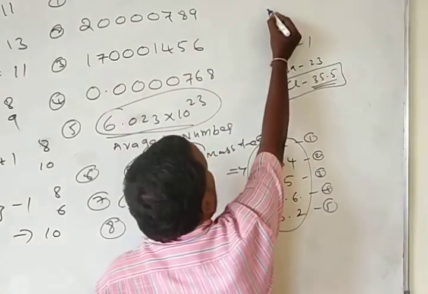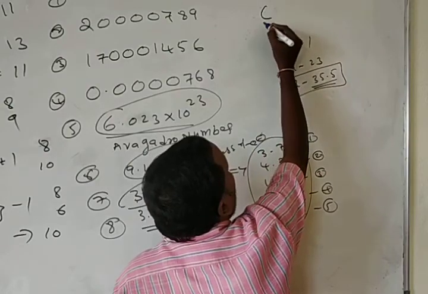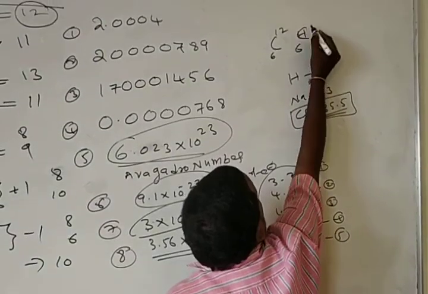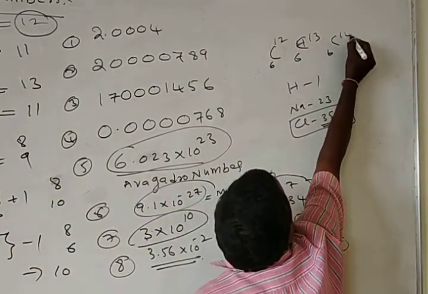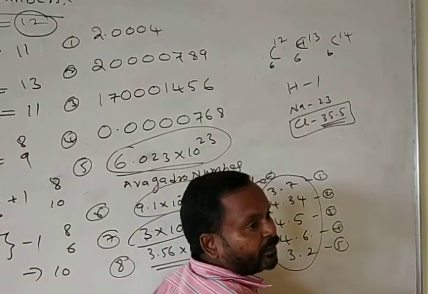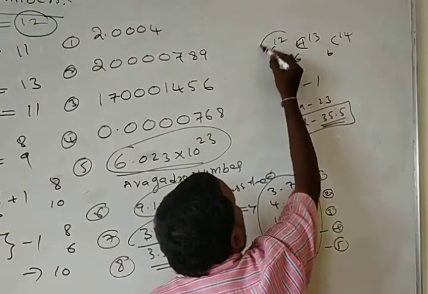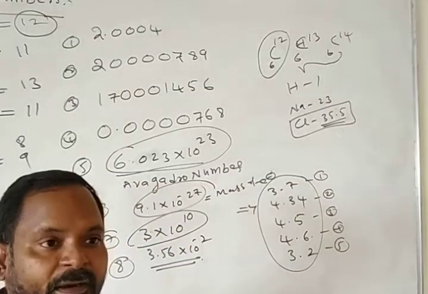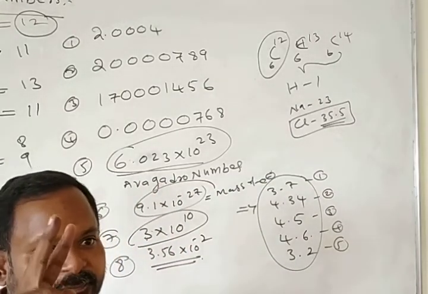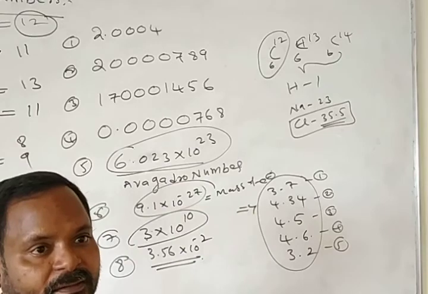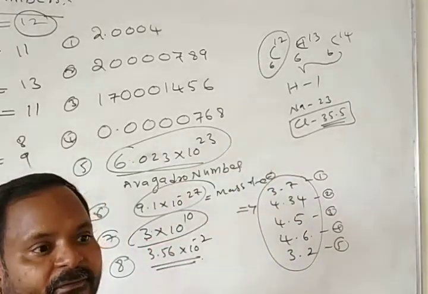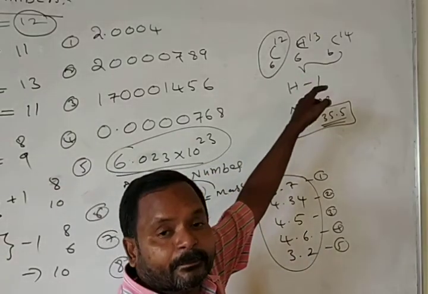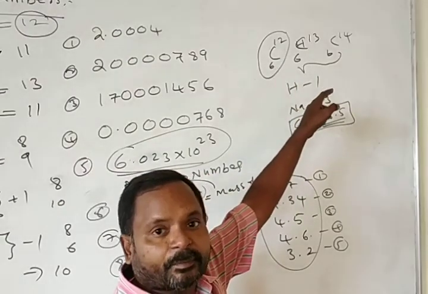For example, carbon exists in different forms: carbon 12, carbon 13, carbon 14. What is the atomic mass of carbon? 12. Why not these two? Carbon exists in 3 forms. These are called isotopes, having the same atomic number but different atomic mass.